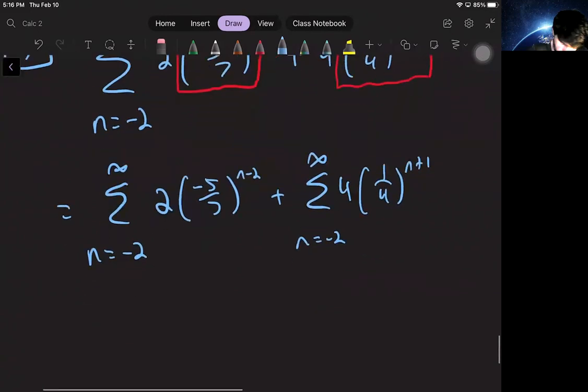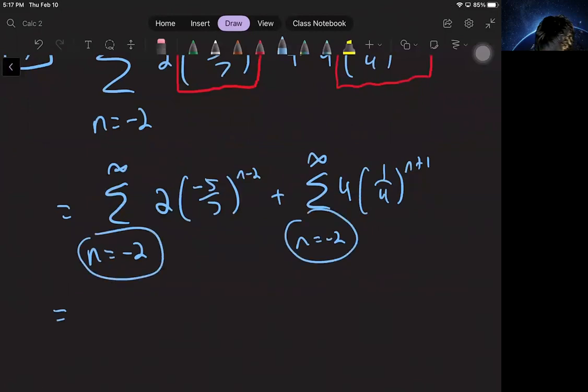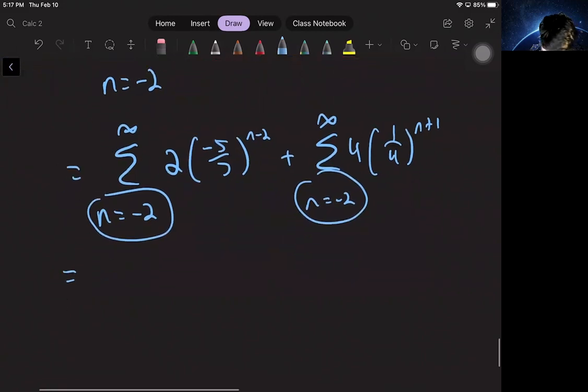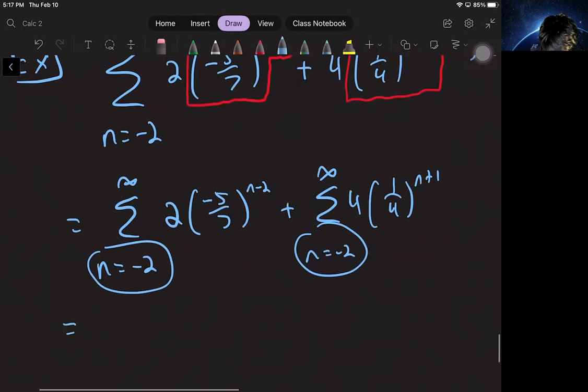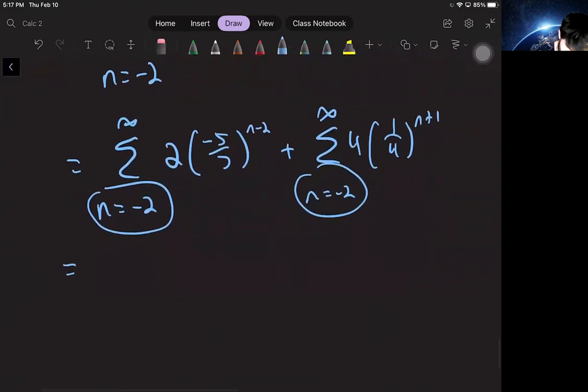Now we need to adjust the index on both of them. So they're both wrong at the same place, but it could be a different problem where you have two different indices that you have to adjust differently. But in this case, I need to add 2 to both of them, which means I'll need to subtract 2. Oops, that was a 5 there.